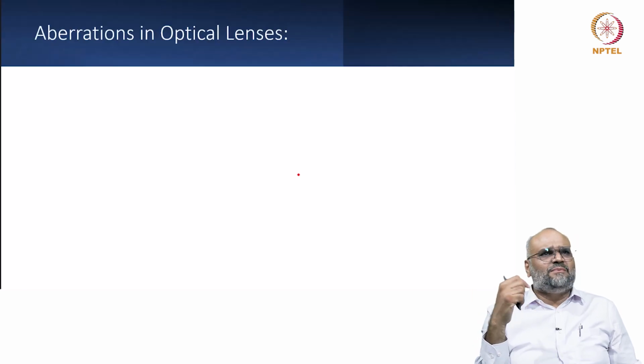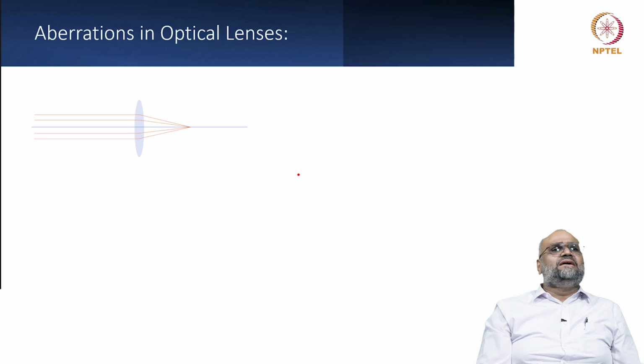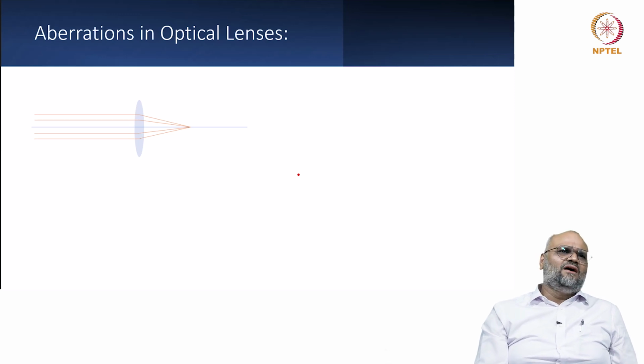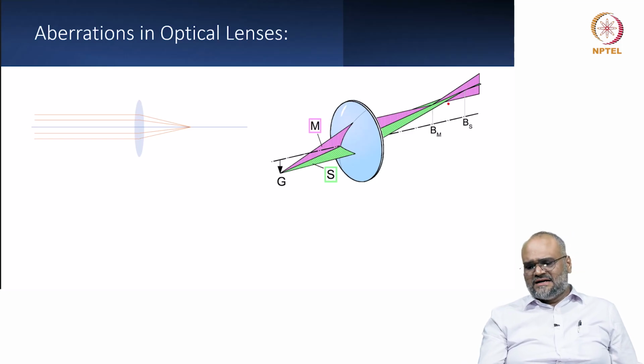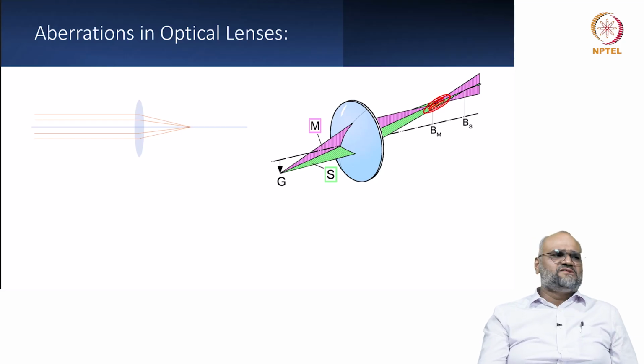If you look at the aberrations in optical lenses, in an ideal case you would assume that all the rays that propagate through a lens would coincide at a point, and in reality that does not happen. You have the meridional and the sagittal rays, which do not converge at a point, and instead converge at a disc or an ellipsoid.